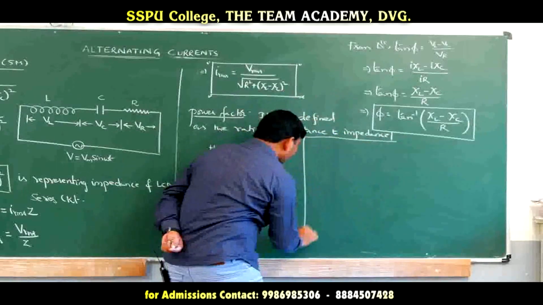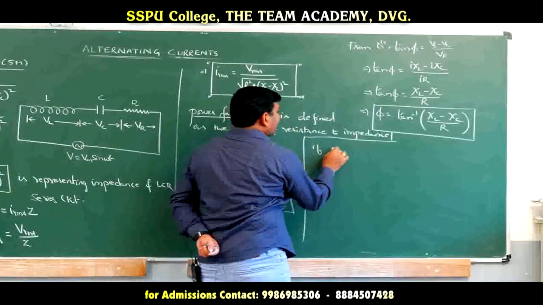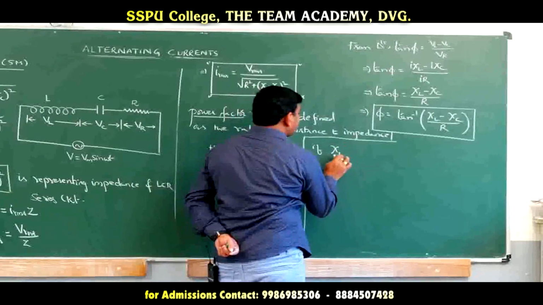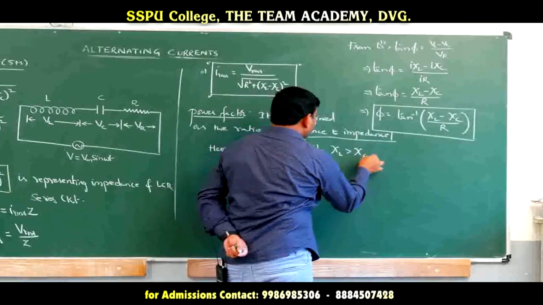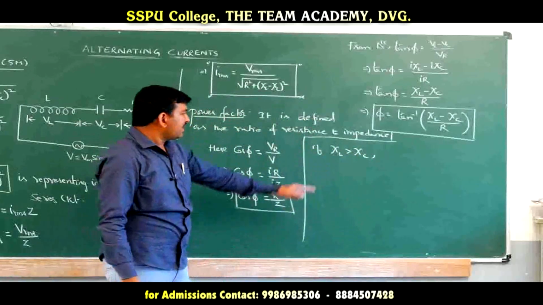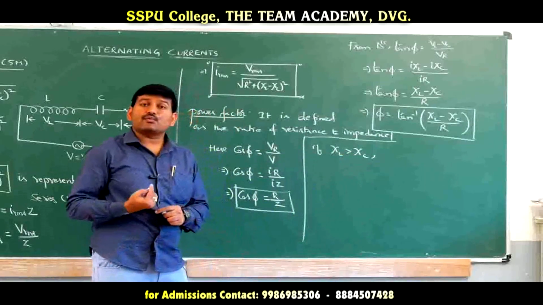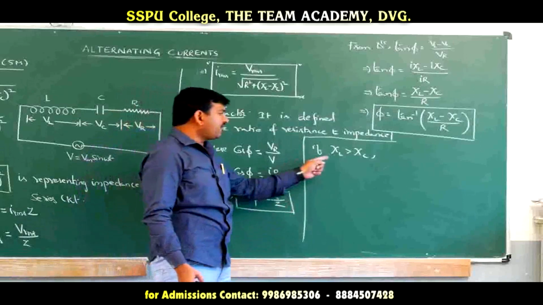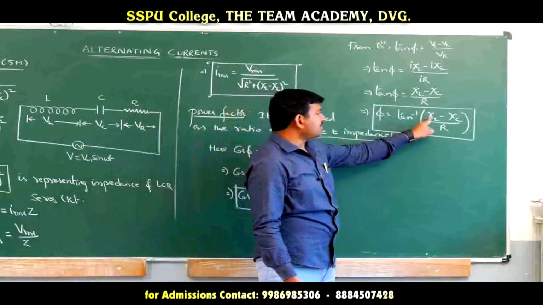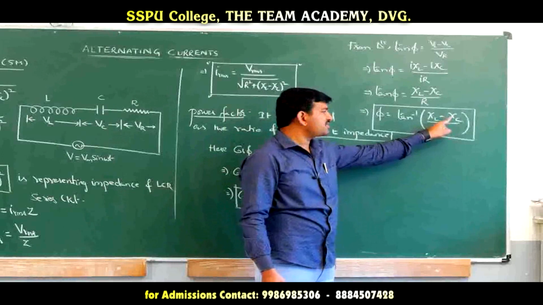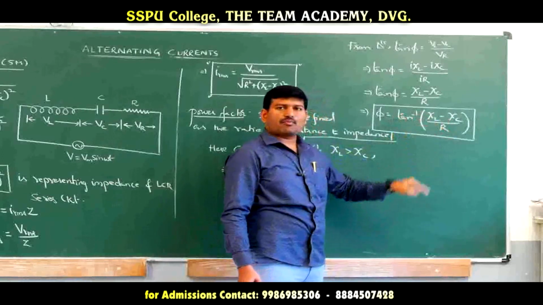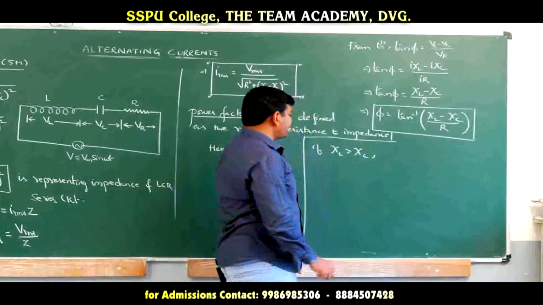Case 1. If chi L is greater than chi C, it means the inductor effect is dominating the capacitive effect. In the case of an inductor, voltage leads current. Therefore, if chi L is greater than chi C, this term is positive or negative? This term is positive. So phi is positive.